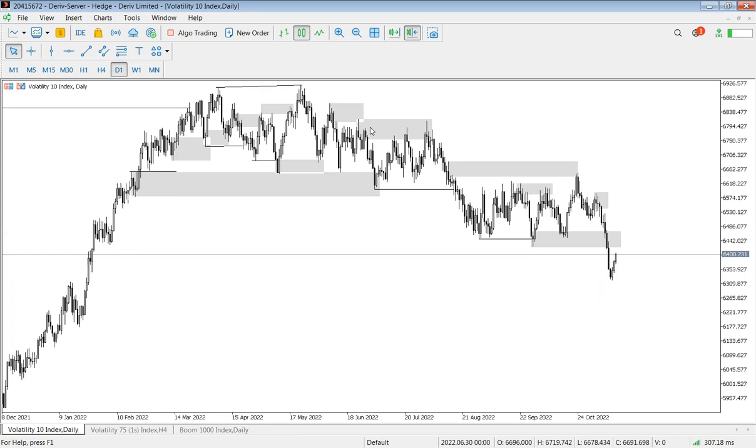It is based on the entry, how I refine my trade to lower time frame, and how you can trade this volatility 10 or market structure as it may. So without wasting your time, let us go straight to chart.